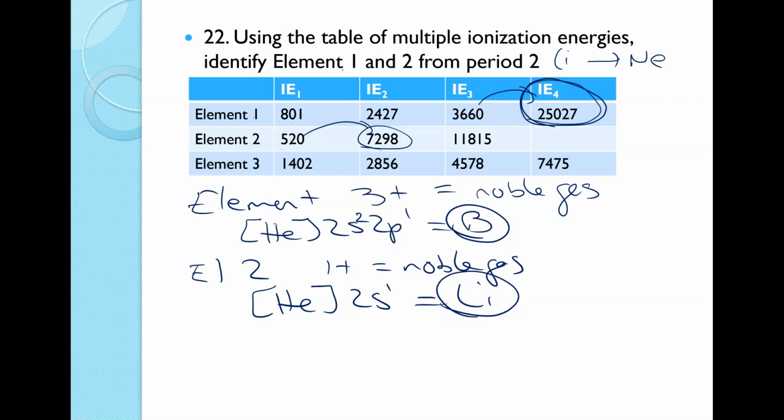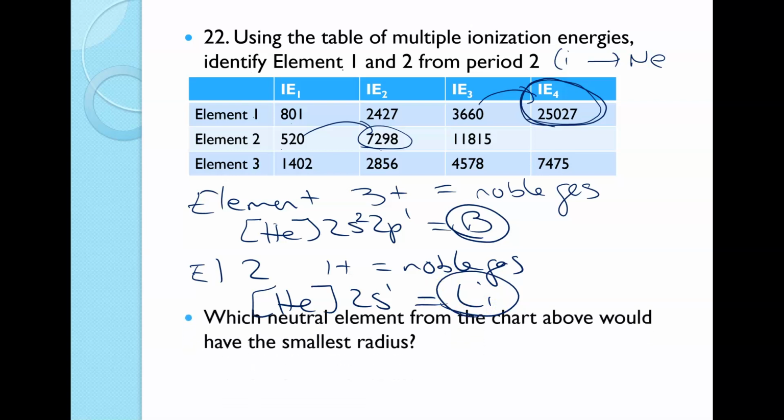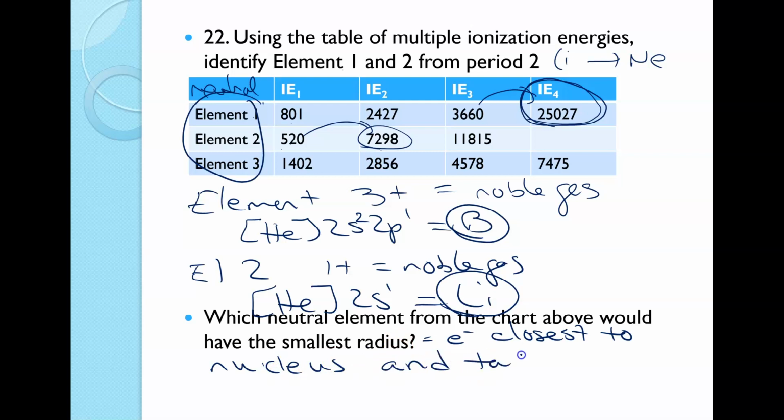Then it says, which neutral element from the chart above would have the smallest radius? Neutral means we're looking here. Smallest radius means the electrons are closest to the nucleus and take the most energy to remove.